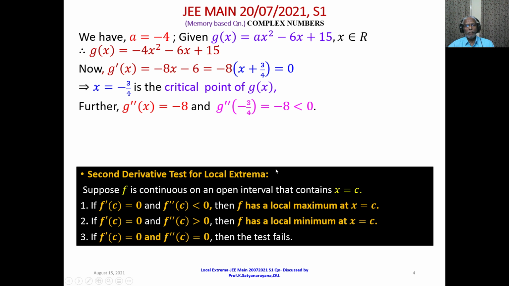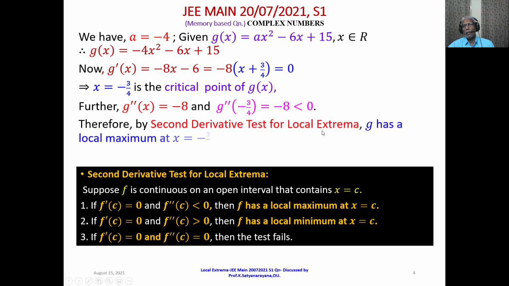So by the second derivative test, that is the first one, g has a local maximum at x is equal to minus 3 by 4. The answer is option 3.